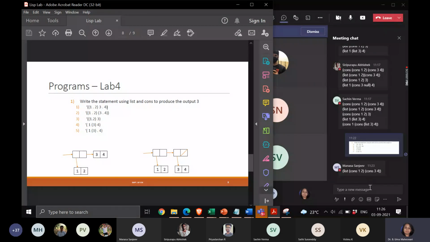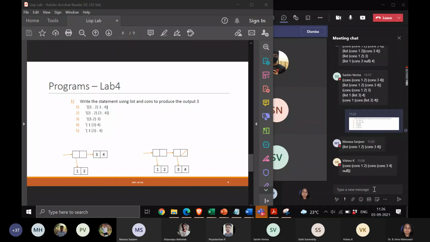No need to share, just type it here, paste it. Cons of cons 1, 2, cons of cons 3, 4, null.